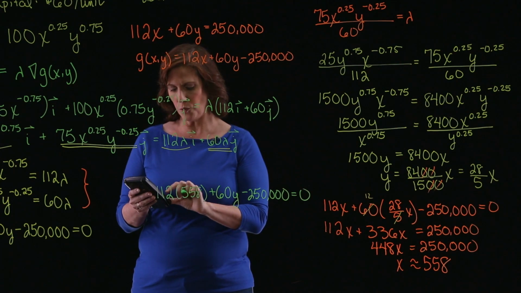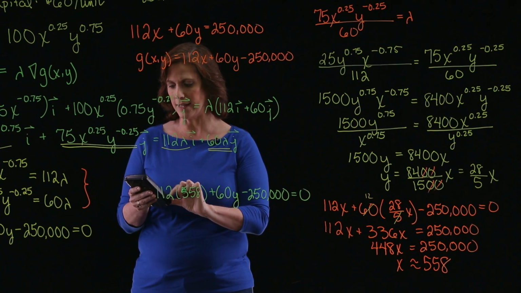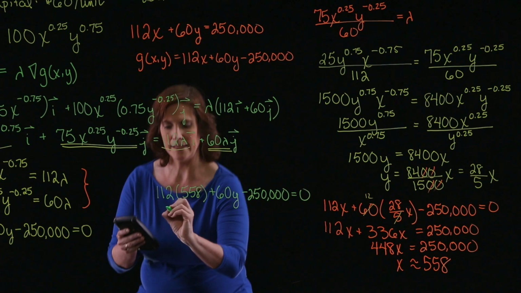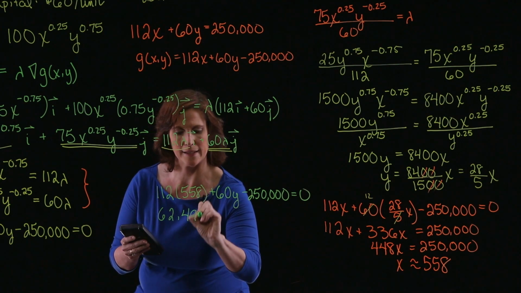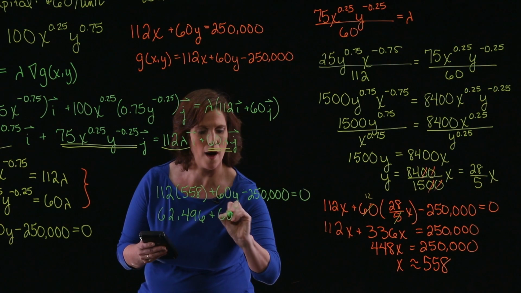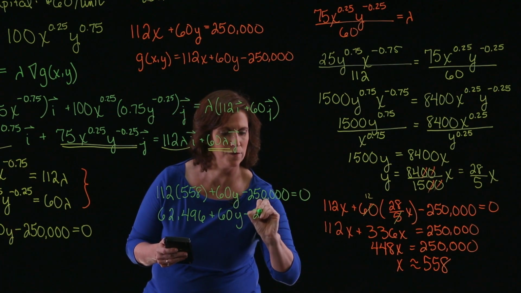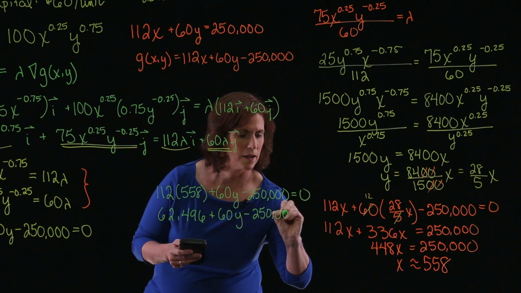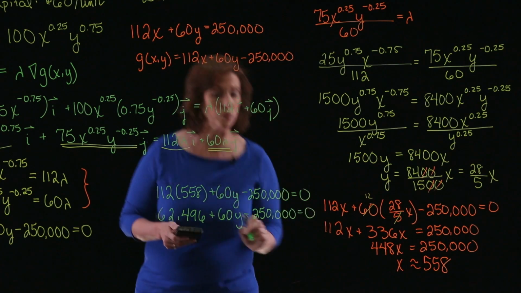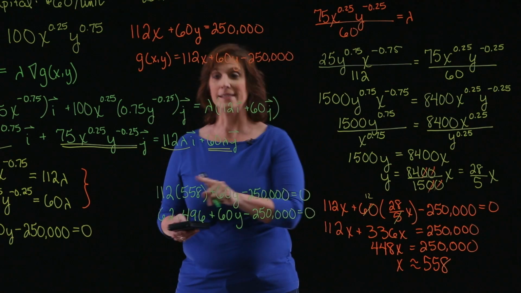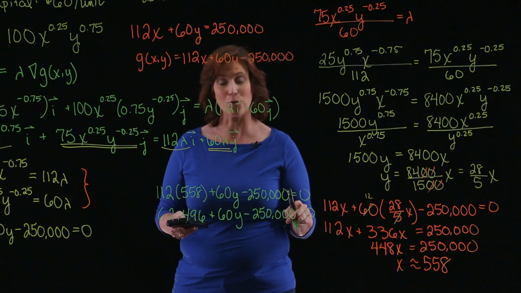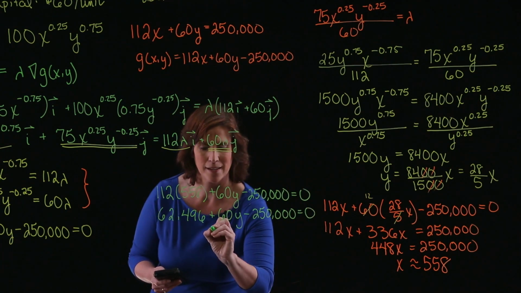So 112 times 558 is 62,496 plus 60y minus 250,000 equals 0. So I'm going to add 250,000 to both sides and subtract 62,496 from both sides.